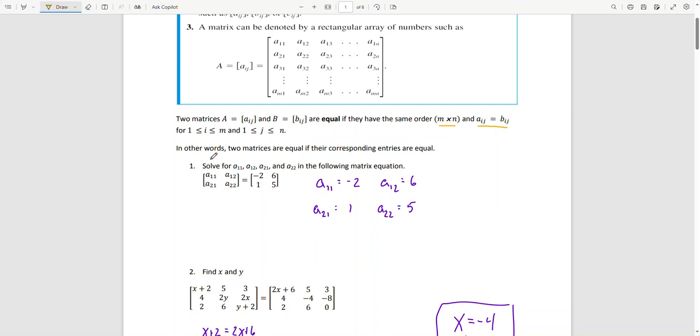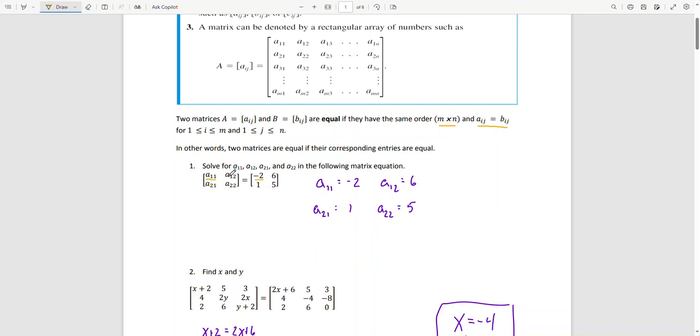So here, solve for a11, a12, a21, and a22 in the following matrix. a11 is in the top left position, so it's equal to -2. a12 in the top right position must be equal to 6. a21, second row, first column, has to equal 1, and a22 has to equal 5.